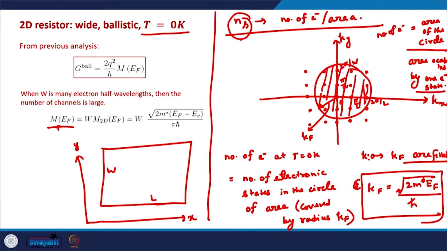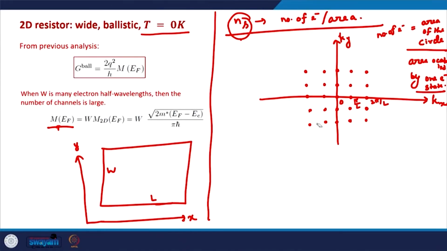If we divide the area of the circle by the area of one electronic state, that will give us the total number of electronic states, or total number of electrons in the system. So, essentially this is what we need to calculate, and the area of the circle is simply pi kf square, but what is the area that a single electronic state occupies?